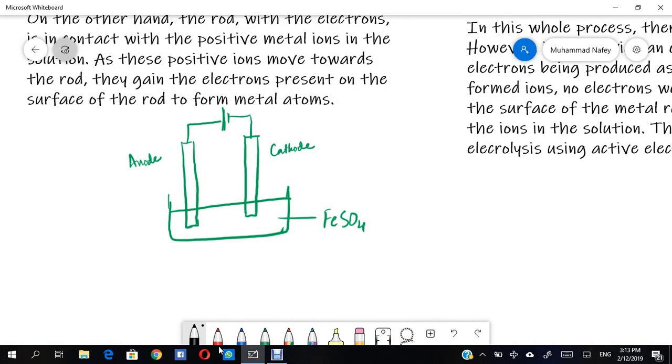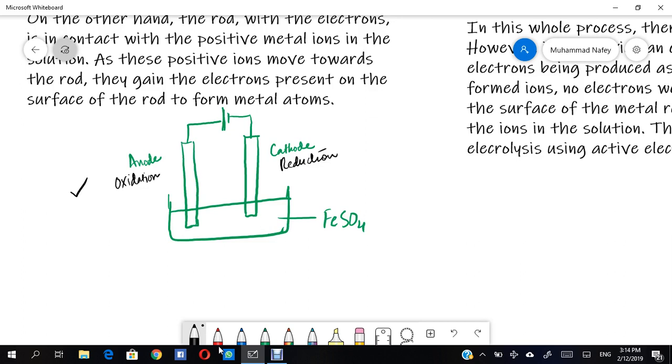So this is not an electrolytic cell. But this is an electrolytic cell. Now we know that oxidation occurs at the anode and reduction occurs at the cathode. This means that the reaction in which electrons will be lost will be happening at this electrode, and the reaction in which electrons are gained will occur at this electrode. So what will be the procedure?